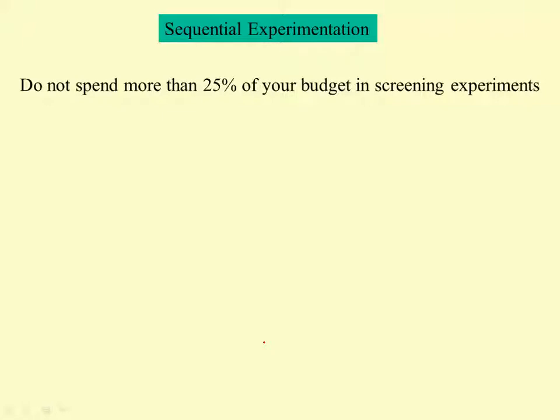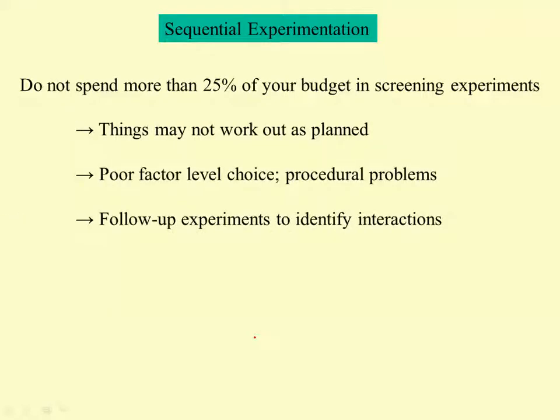Just some tips then. I mentioned before, just rules of thumb, you generally don't spend more than 25% of your total budget on the screening design because stuff just might not happen the way you think. For example, you can't run all your runs, and you might come up with something that is pretty hard to interpret, and you might need to do some extra runs to chase down these confoundings, to break them apart.